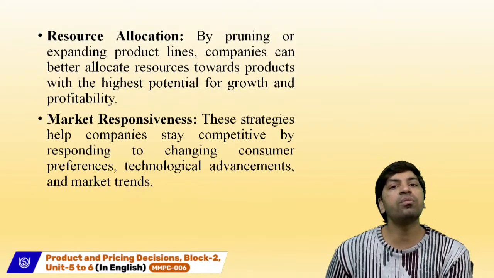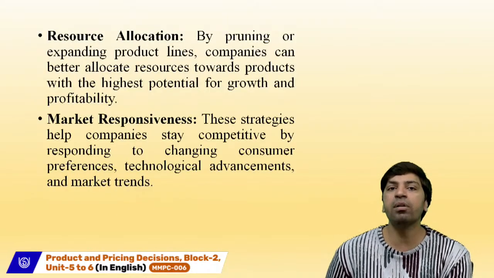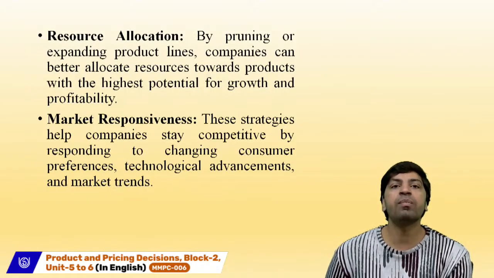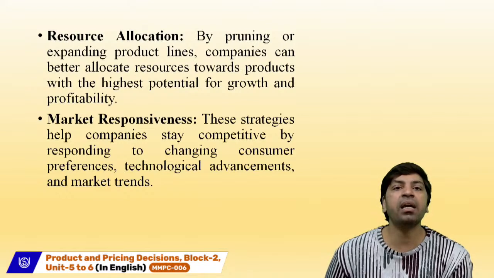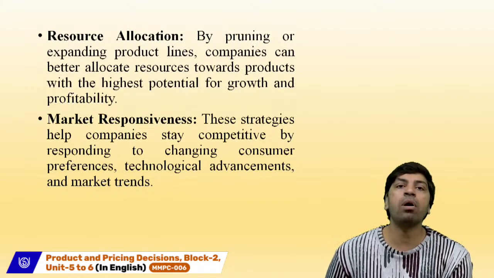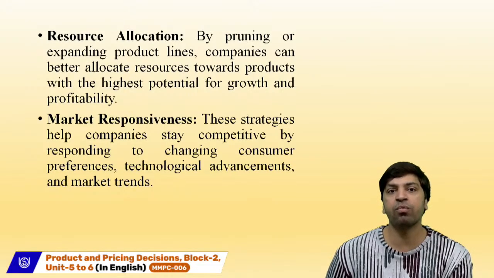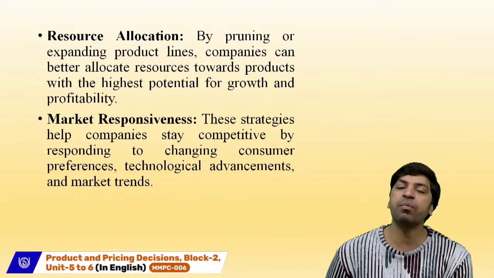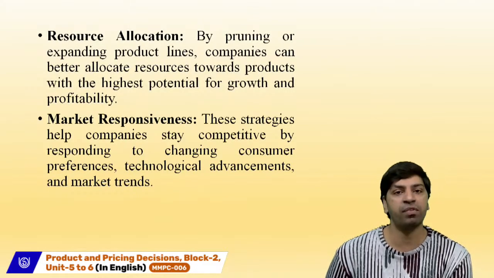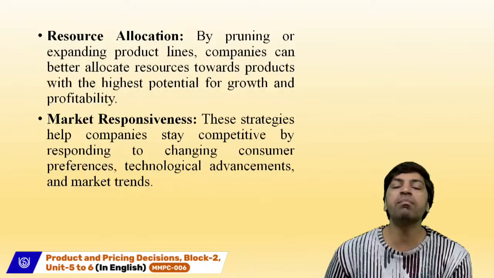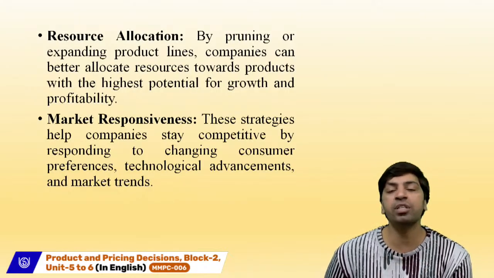Next is resource allocation. It is very important. By pruning or expanding product lines, companies can better allocate resources towards the products with higher potential for growth and profitability. Next is market responsiveness, how the strategies can be managed.